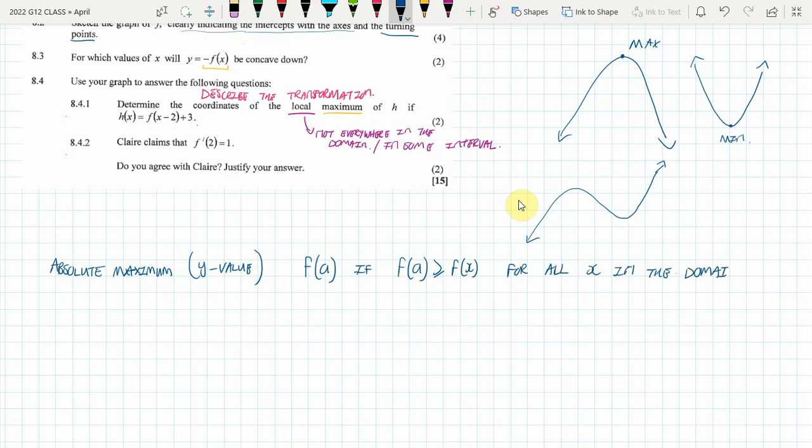Again, just to test you, how do you define domain? What is the domain of a function? A domain is the values of x for which f is defined.